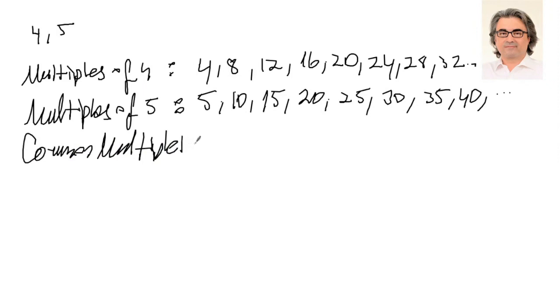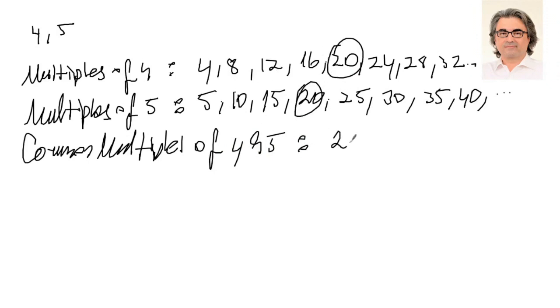Common multiples of 4 and 5 are, the least one is 20. It starts from 20, after that 40. And all common multiples will appear here as the multiples of 20. Okay, the first number is 20. After that, it will go like this: 20, 40, 60, 80, and so on.